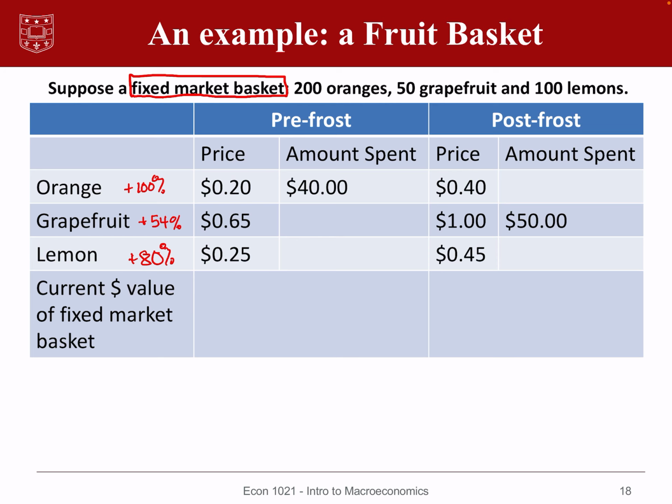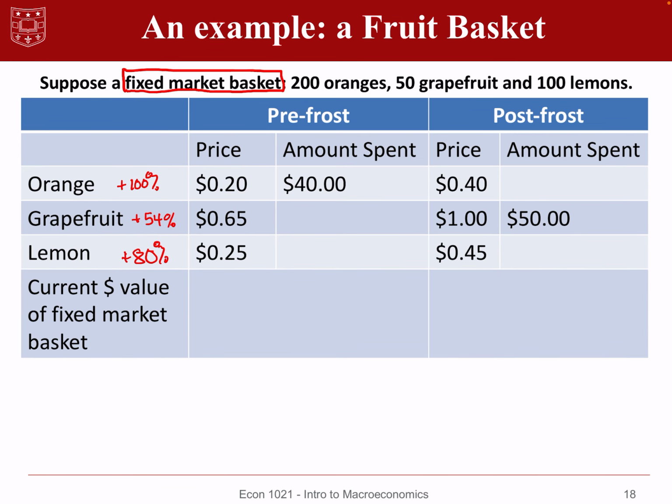So the way in which we get this is that this $40 pre-frost is going to be 200 oranges times 20 cents an orange. If we did a similar calculation here, what we would find is that the total amount spent on grapefruit would be $32.50. This would be 50 grapefruit times their price, 65 cents each.